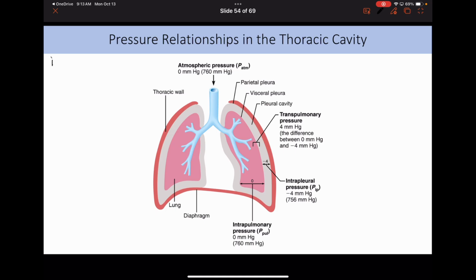But step 1 is that the pressure, so PATM means atmospheric pressure. Your atmospheric pressure at sea level is equal to 760 millimeters of mercury. That is the pressure of the air around you.